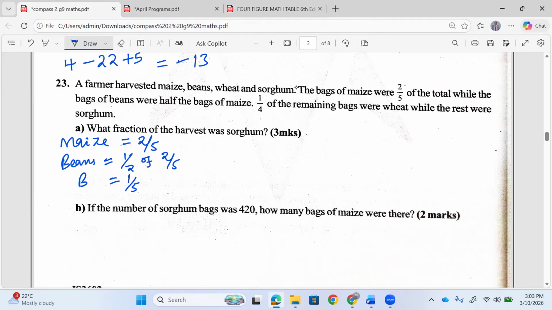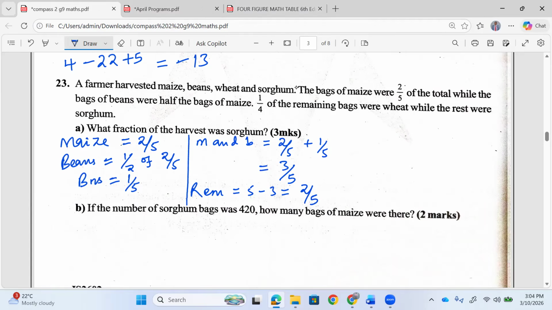That is for beans. And you see now, we can talk about the fraction taken by maize and beans. So maize and beans shall be 2 out of 5 and 1 over 5, giving us 3 out of 5. So 3 over 5 went to maize and beans, meaning that the remaining fraction shall be 5 minus 3, giving us 2 over 5.